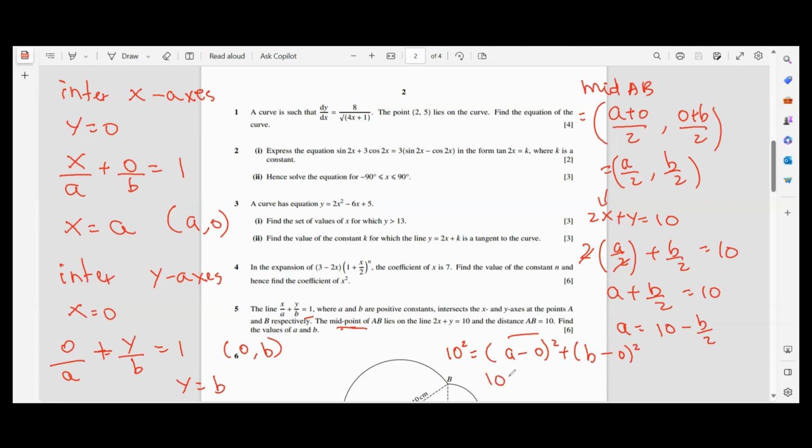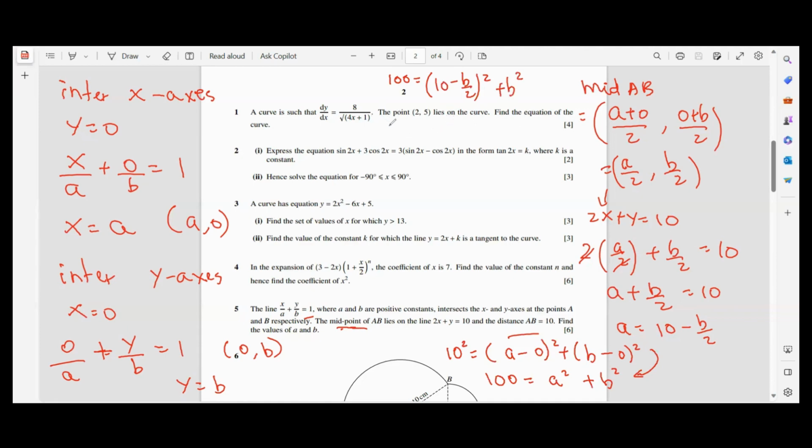So I got 100 equals A squared plus B squared. And then I will substitute the A to get the B first. So, okay, I will continue on the top. So 100 equals 10 minus B over 2, squared, plus B squared.